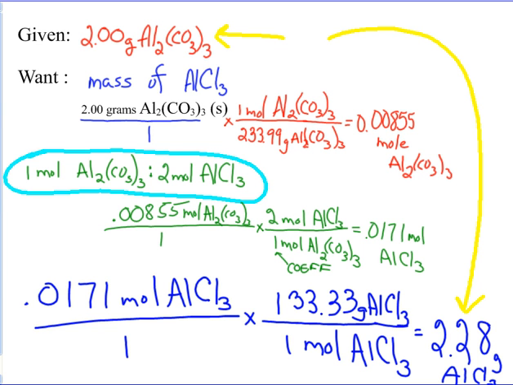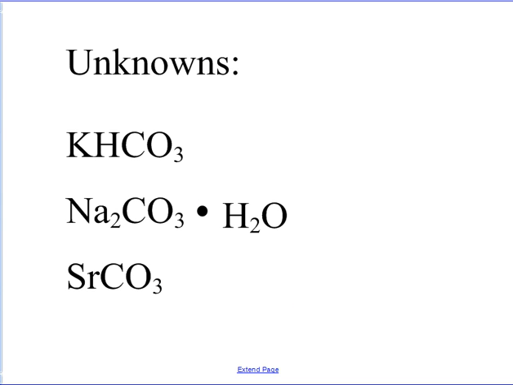So you'll be doing that same process for all 3 of these unknowns, using 2 grams of the unknowns, calculating the molar mass of each of these unknowns. Little hint, remember how you calculate the molar mass of a hydrate. Don't forget to consider the water in your calculation.